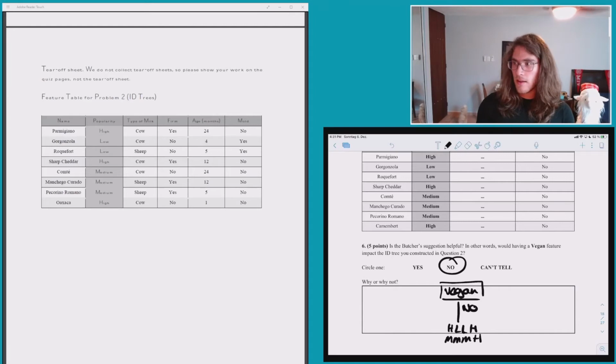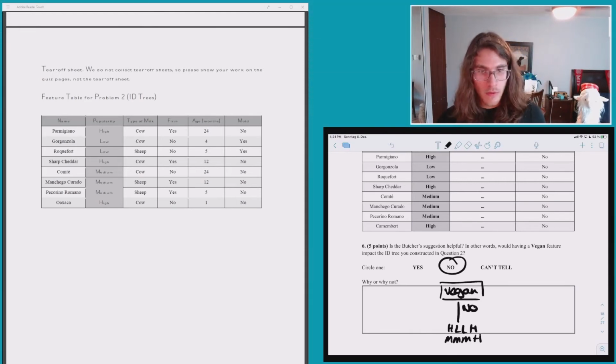It's essentially repeated the data that we had without any sort of change. And so if I were to add this to the greedy ID tree algorithm, it's the same as just not adding it because it's not contributing anything. And that's mainly the logic of why this wouldn't change, or that's mainly the explanation to fill in this box.